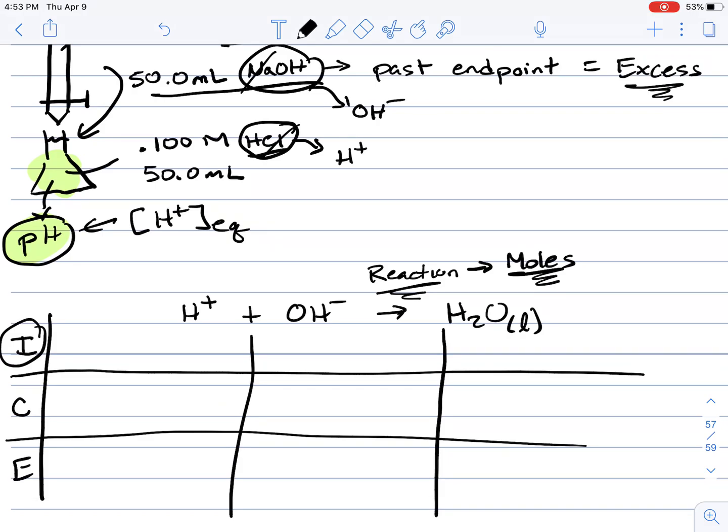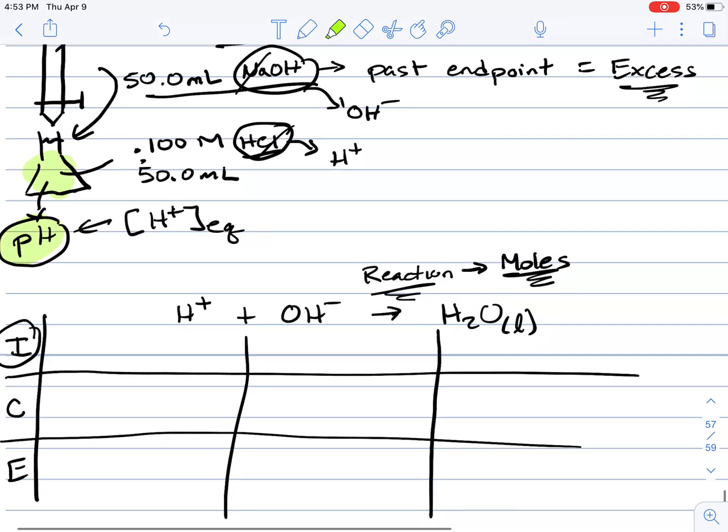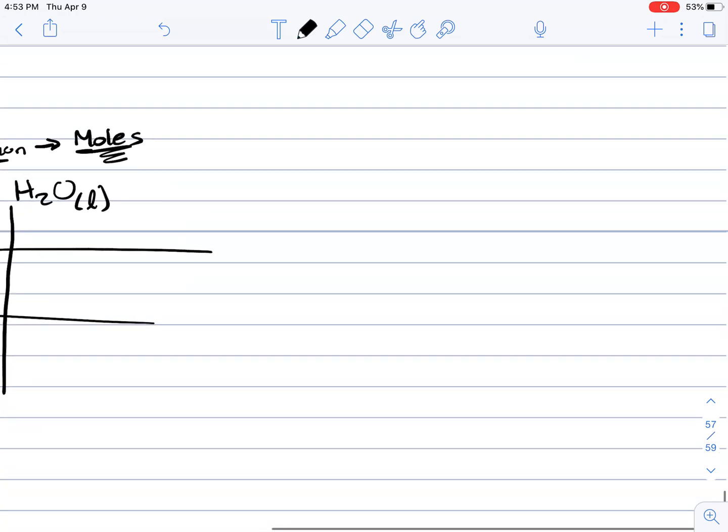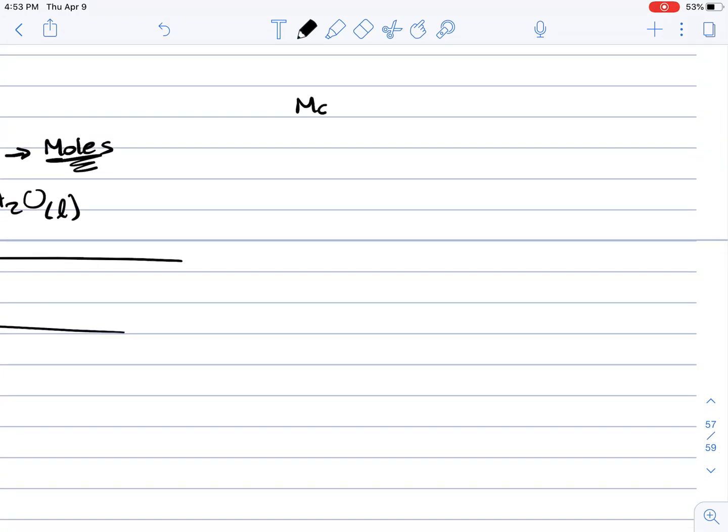All right, and so looking at my acid, I have 0.1 molar hydrochloric acid in 50 milliliters. To calculate moles of H+, I'm going to convert 50 milliliters into liters. So that's going to be 0.0500 liters.